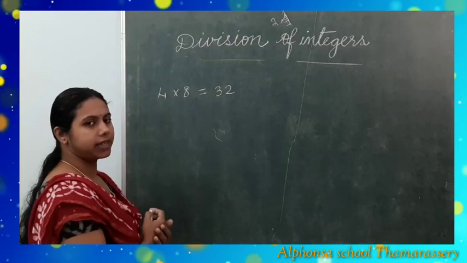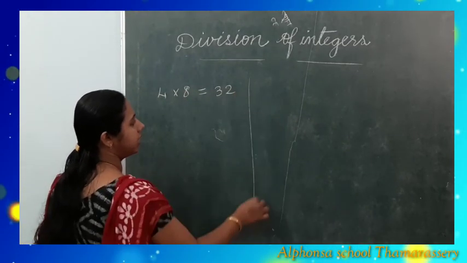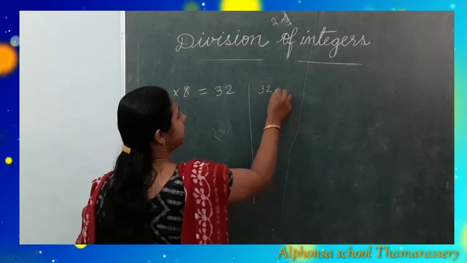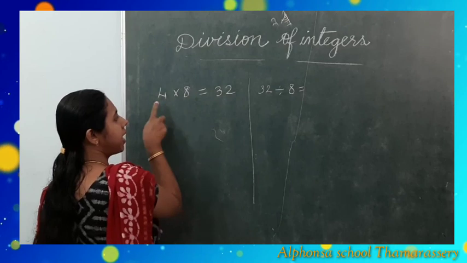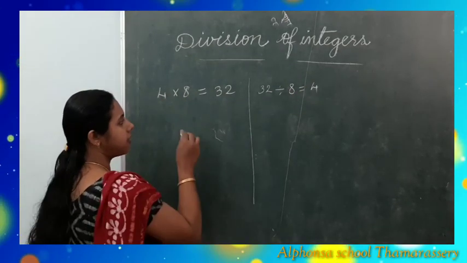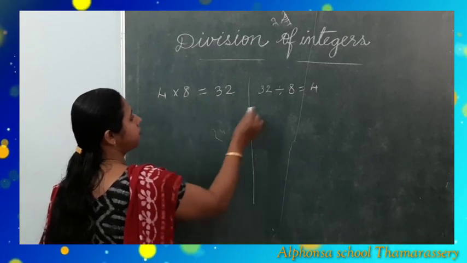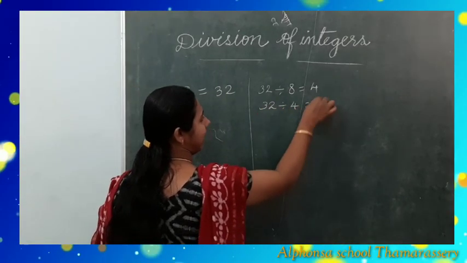From this we can write the division process. 4 eights are 32, then 32 divided by 8 is equal to 4. In the same way, 32 divided by 4 is equal to 8.